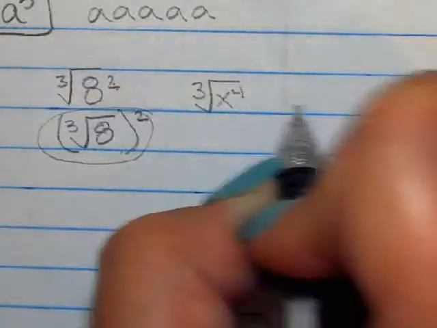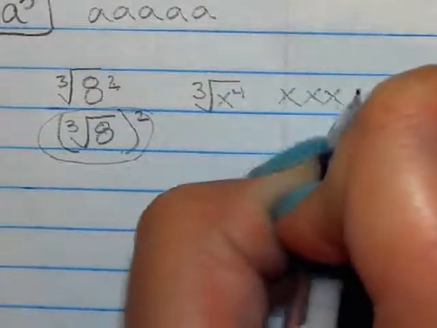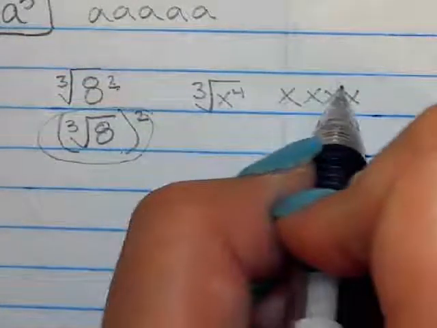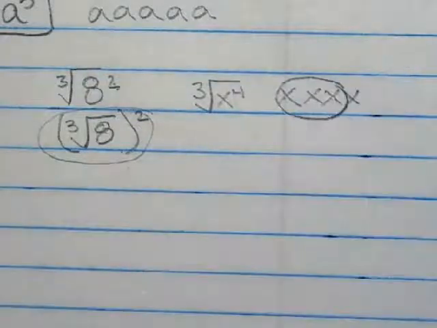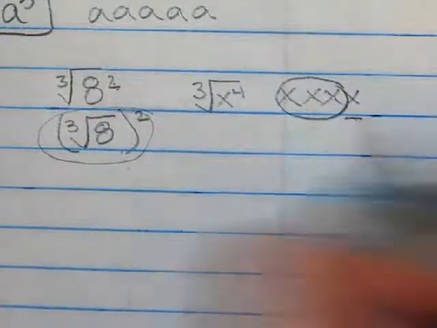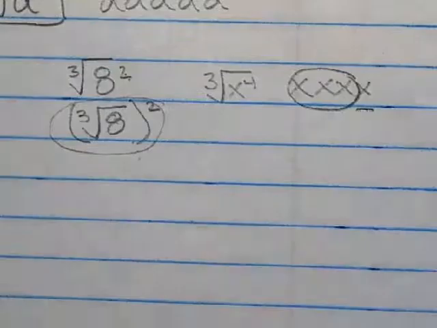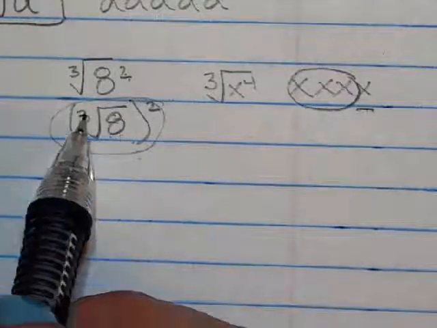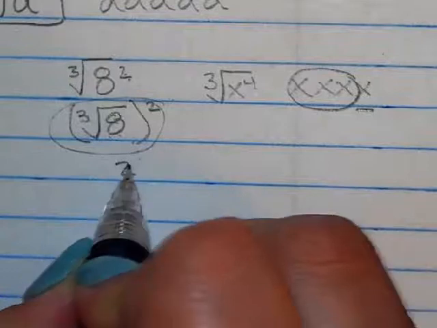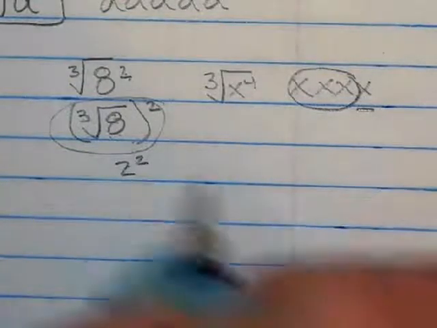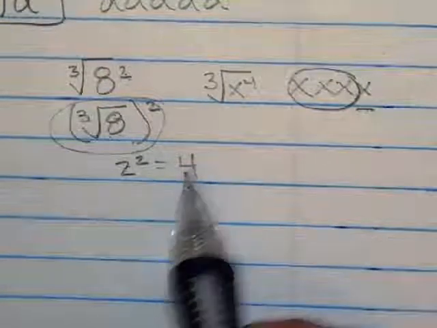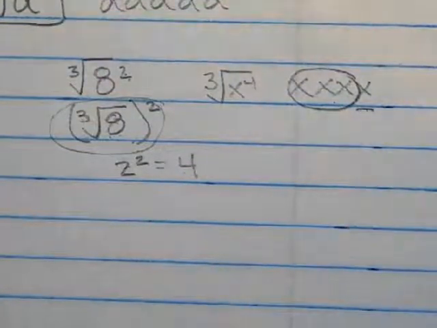Okay. So we said this right here, cube root of 8 is 2. So we got 2 squared, which is 4. So let's put this and this together. What do we have? Good. Okay.